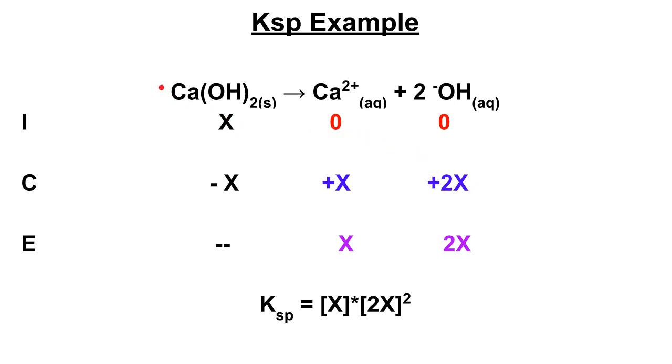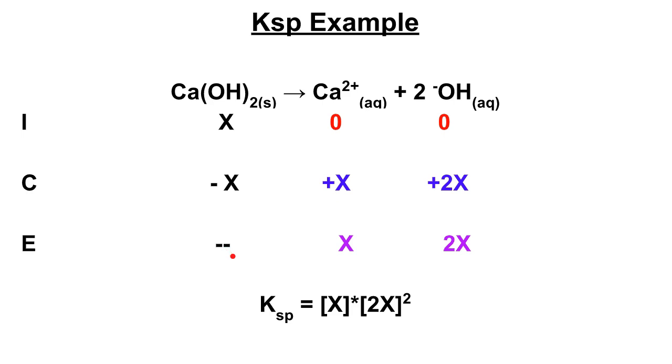Because if there's an implied 1 in front of the calcium hydroxide, there's a 1 in front of the calcium here, but there's a 2 in terms of balancing in front of the hydroxide here. So we would gain 1 calcium and 2 hydroxide every time one of these calcium hydroxide molecules were to dissolve and break apart.